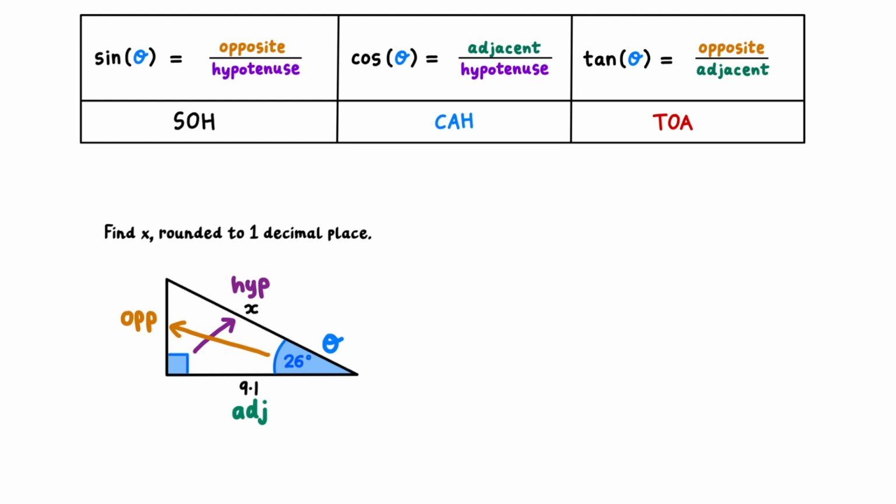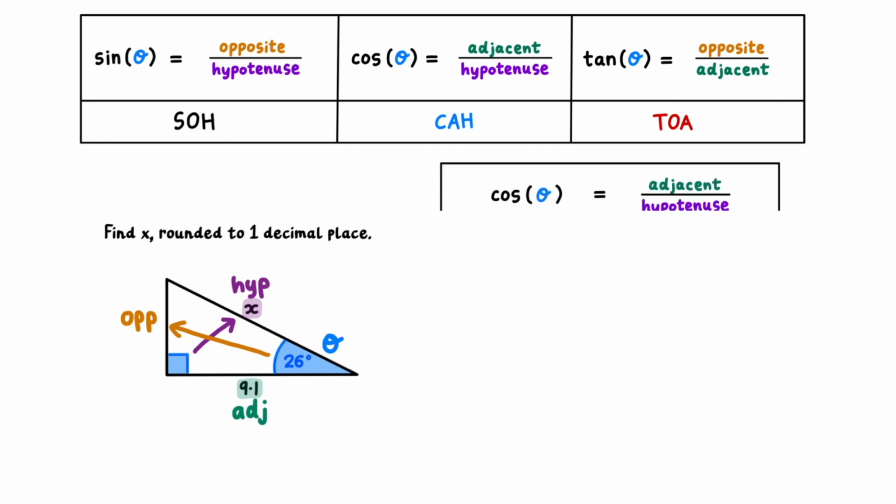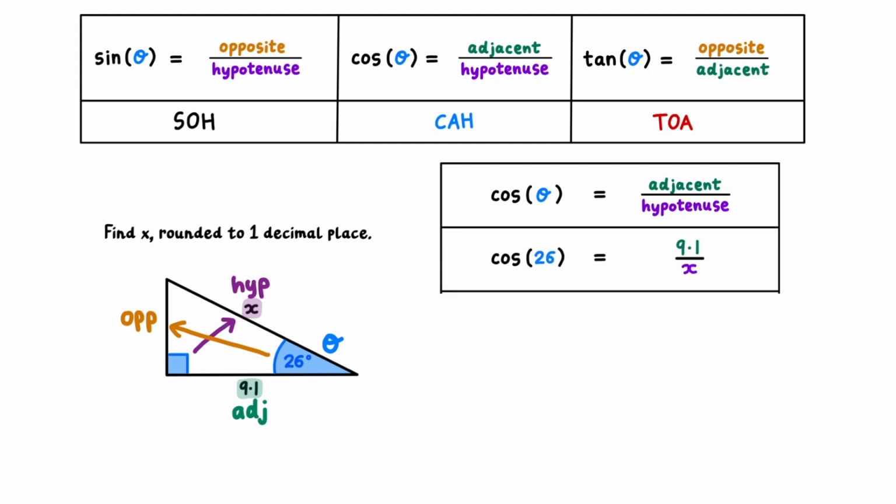Since we have labels for the hypotenuse and adjacent, we should use the ratio that involves these two quantities, cos. Plugging in the values for our triangle tells us that cos of 26 is equal to 9.1 over x.